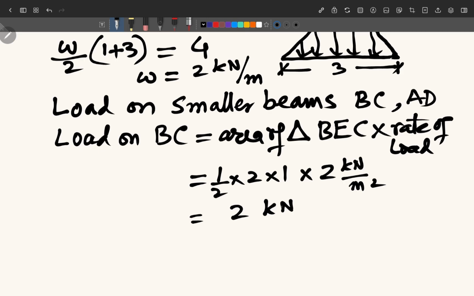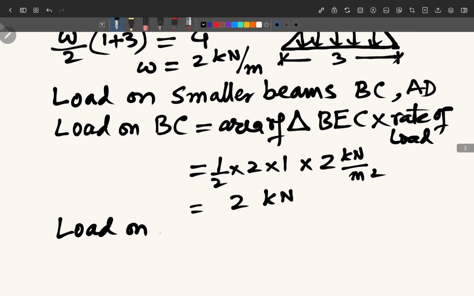So the load on this beam BC is equal to 2 kilonewton, and similarly the load on the other smaller beam, which is AD, will also have the same 2 kilonewton.